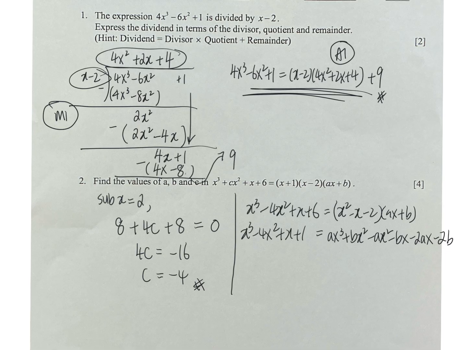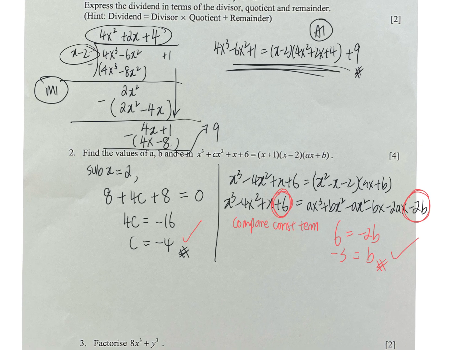When you compare constant terms, you will realize that this is 6 and the only constant term is minus 2b. So b must be negative 3. So one value, one answer mark.